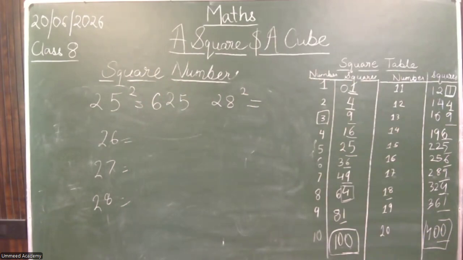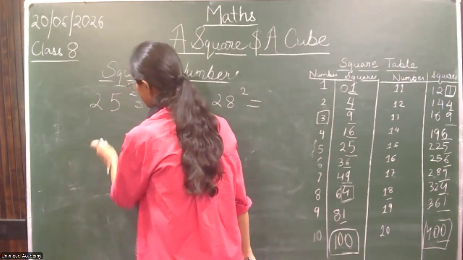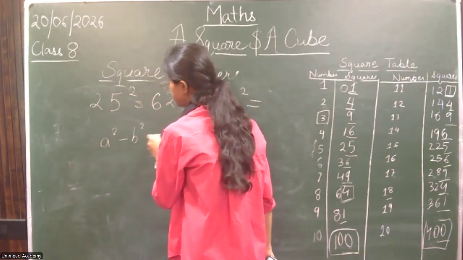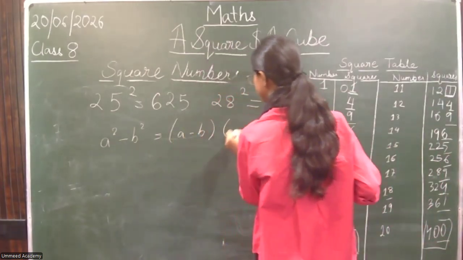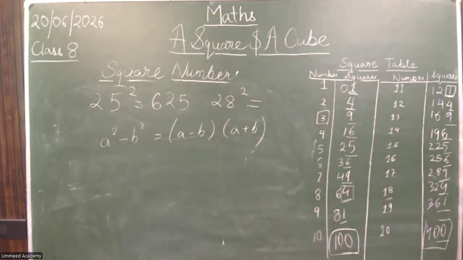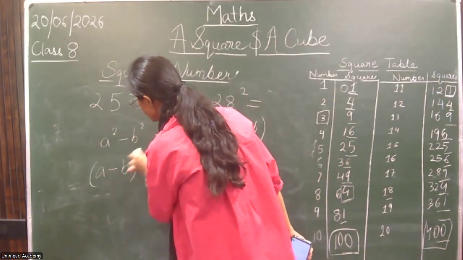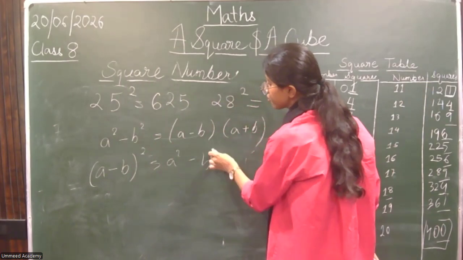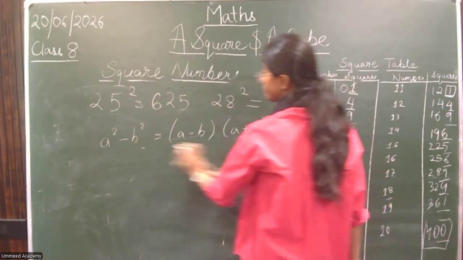How? A square minus b square का फॉर्मूला पता है? What is the formula of a square minus b square? No, ma'am. अरे, a square minus b square, it is a minus b and a plus b. Don't get confused between this and a minus b का स्क्वायर, which is a square plus b square minus 2ab वाला थिंग. ठीक है, don't get confused between the two formulas.